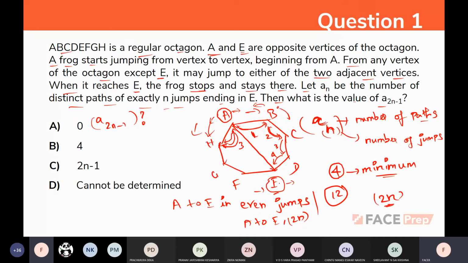But its aim is to reach E. Even if it goes 4 jumps or 6 jumps or 8 jumps, in the end it will be an even number only. So here it will jump 3 times, here 3 times, here 3 times. Understood? What is 333?